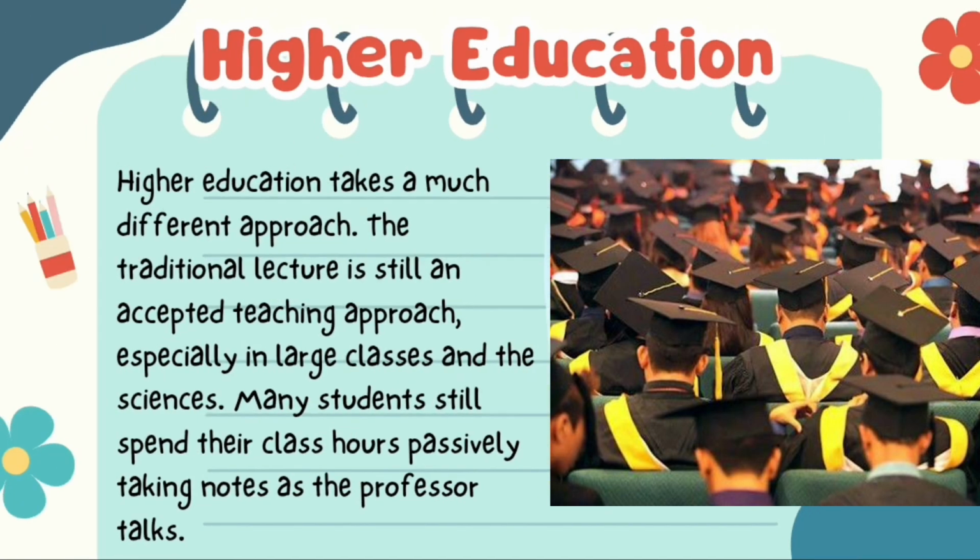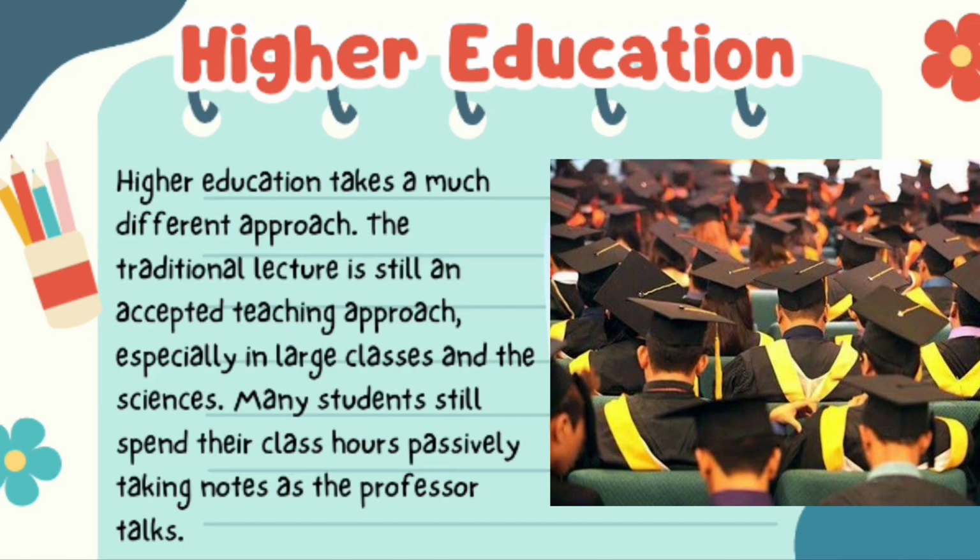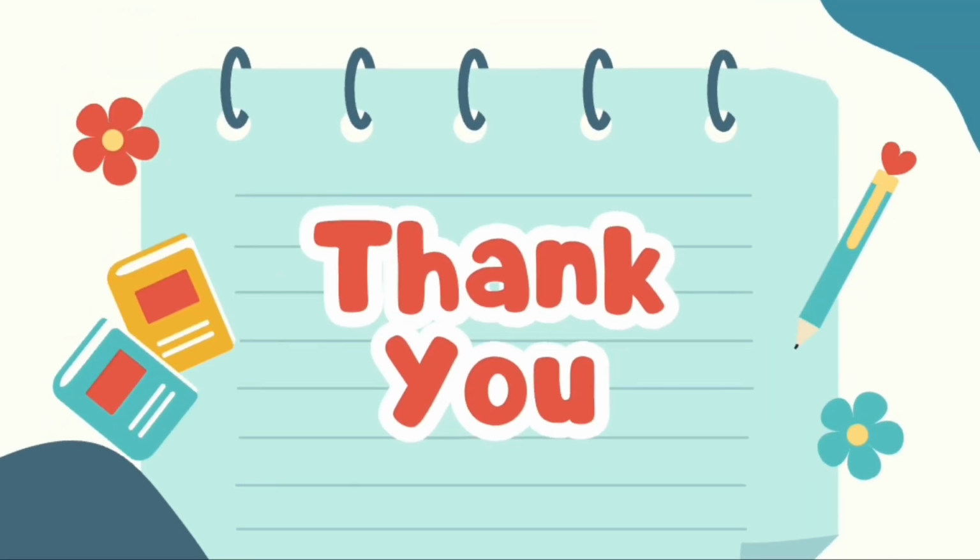Higher education takes a much different approach. The traditional lecture is an accepted teaching approach, especially in large classes and the sciences. Many students still spend their class hours passively taking notes as the professor talks. And that's all for current research and pedagogical application.